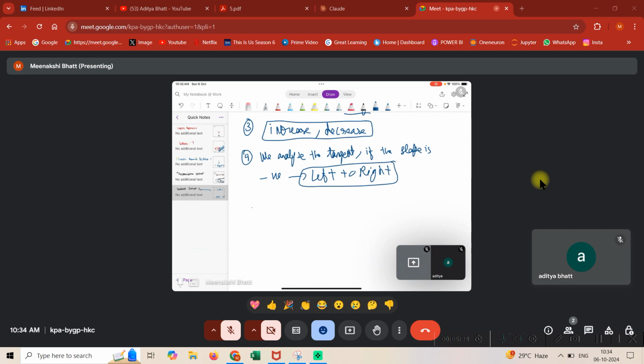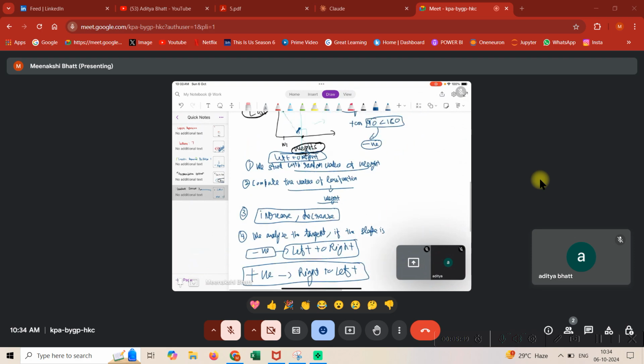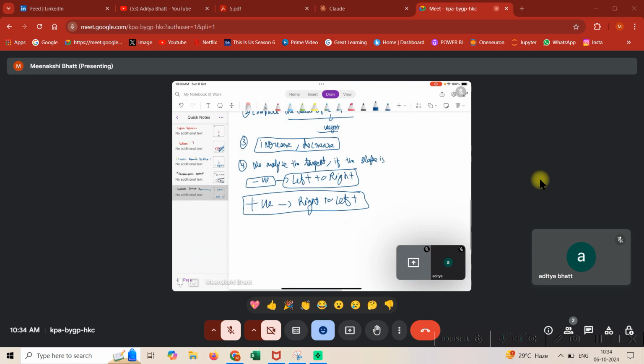And if it is positive, then we need to move in the direction of right to left. These are good to know. A lot of modern data scientists and AI developers might not need this granular level of detail, but you still need to understand the basics, so I'm focusing on that as well.